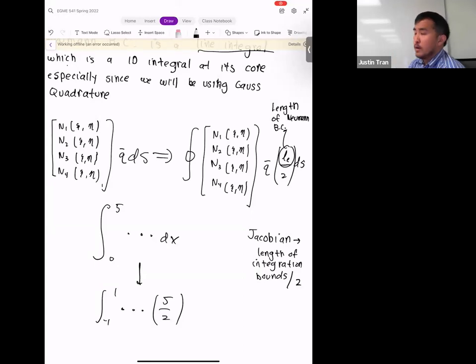Particularly since we're evaluating this integral across the Neumann boundary, that L is just going to be the length of that Neumann boundary. The length of the Neumann boundary divided by 2 is going to be our Jacobian. All right, so that's our line integral.